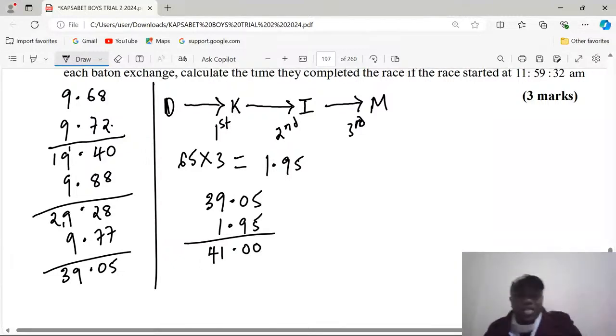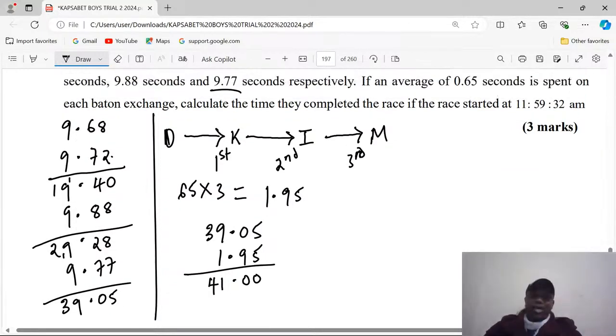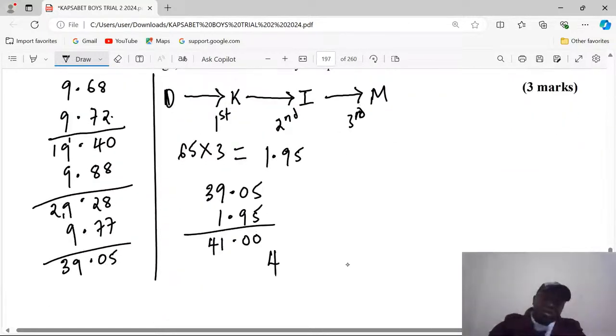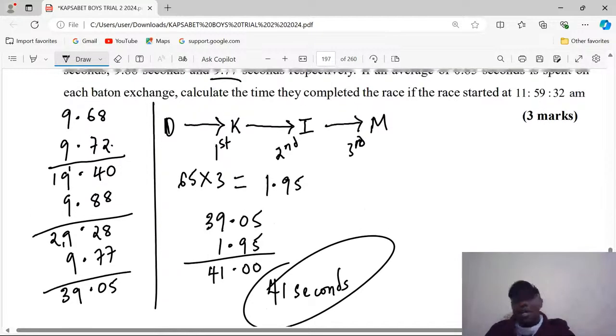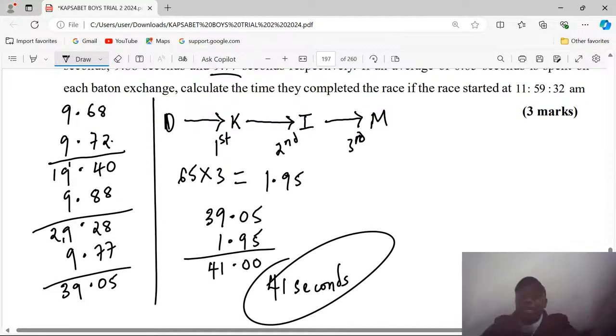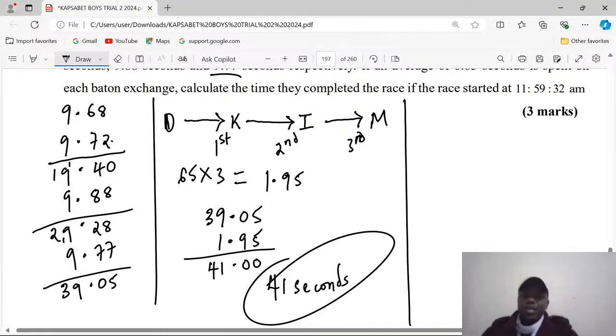So the total time taken is 41 seconds. When you lie to yourself and start rushing to add with a calculator, you shall not get anything. A calculator will just complicate this simple question.